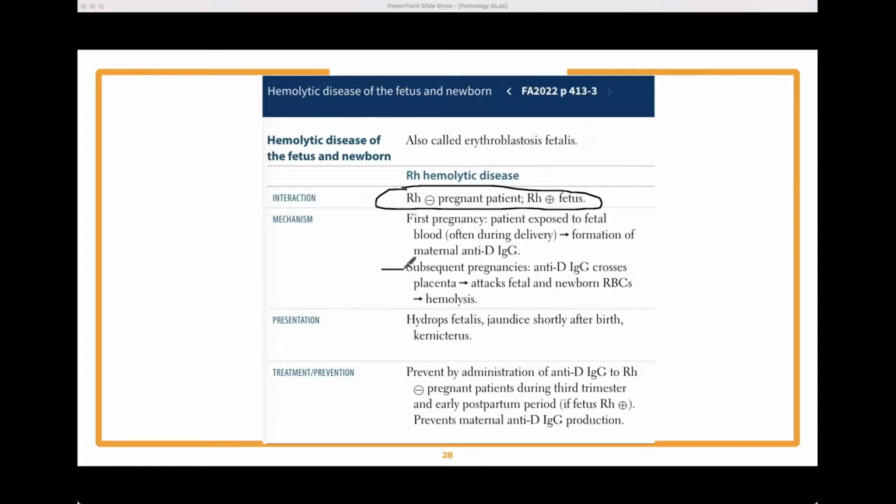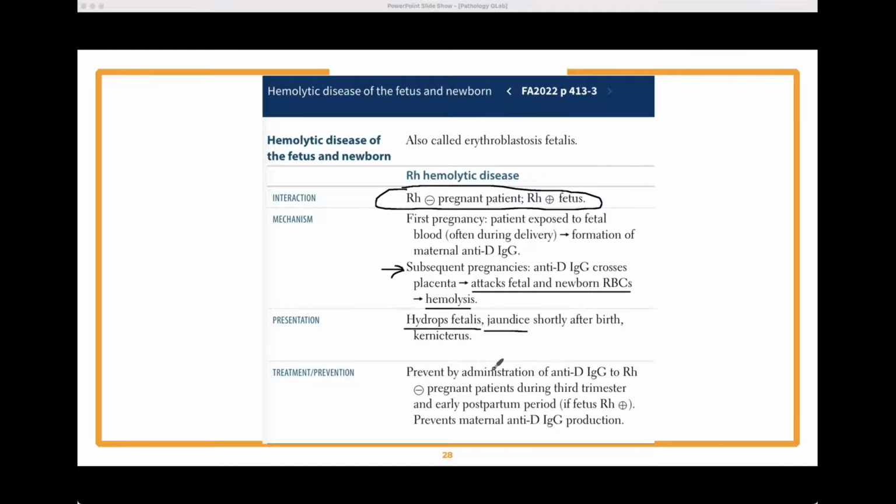In the first pregnancy, the mom is exposed to fetal blood, and so she develops antibodies against it. In subsequent pregnancies, those antibodies cross the placenta and attack the fetal red blood cells. That leads to hemolysis, breaking down of those RBCs, which leads to jaundice, anemia, high LDH, and hydrops fetalis, where you have an edematous fetus.